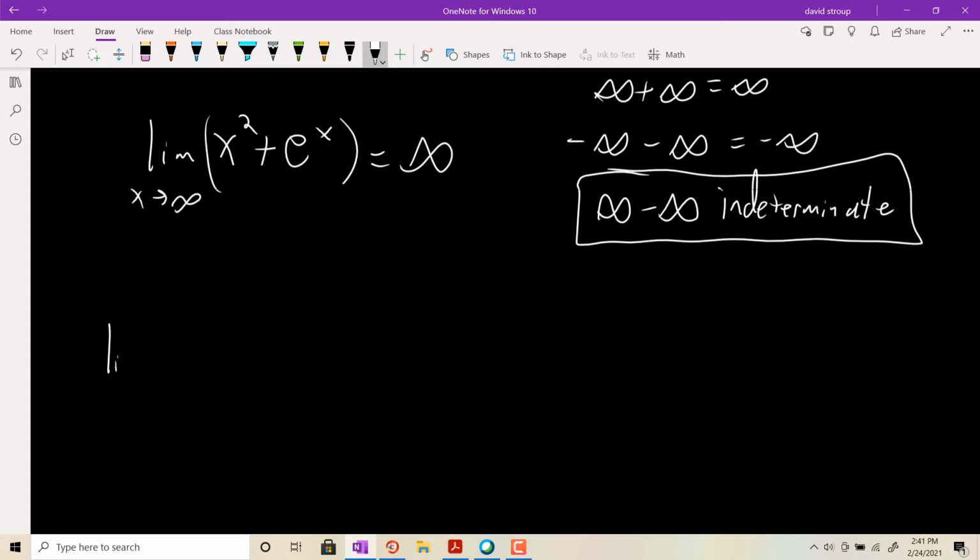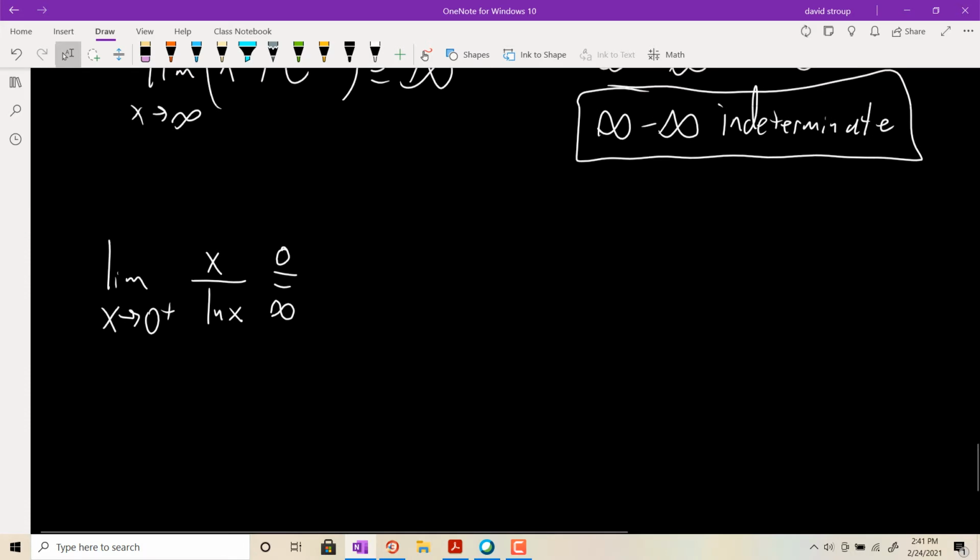Something like the limit as x goes to 0 from the right of x over the natural log of x. The numerator is 0, but the denominator is infinity, in absolute value. The way this works is kind of like 0 times 0, and the denominator is negative infinity.